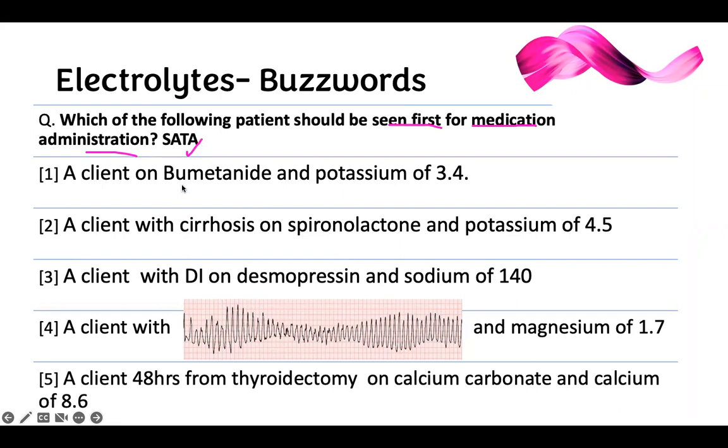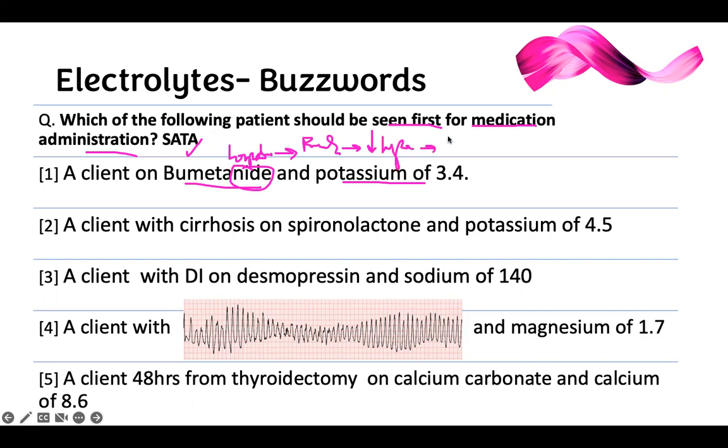So a client on bumetanide and the potassium of that. You ask yourself, what is bumetanide? This is a loop diuretic. It's the same thing as the last one, furosemide. And therefore, they will have what? Hypokalemia.